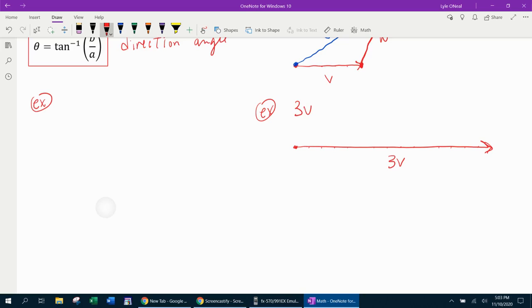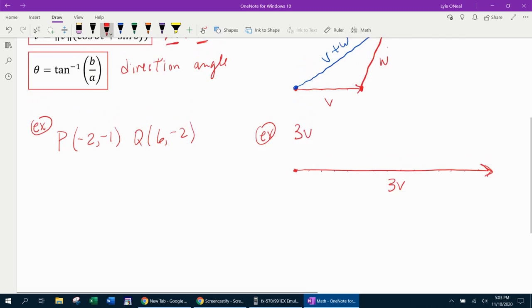Next example, we're going to be given a vector has initial point P(-2, -1) and terminal point Q(6, -2), and the instructions say find the standard form of the vector.